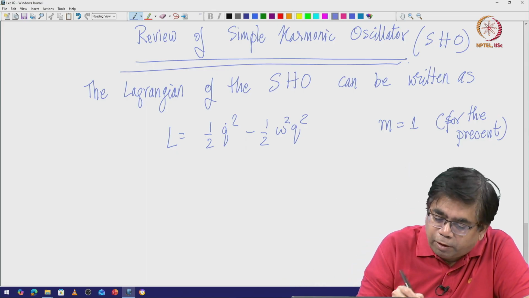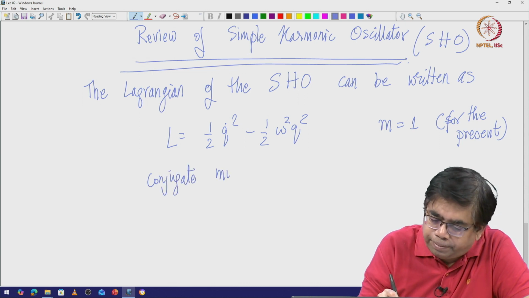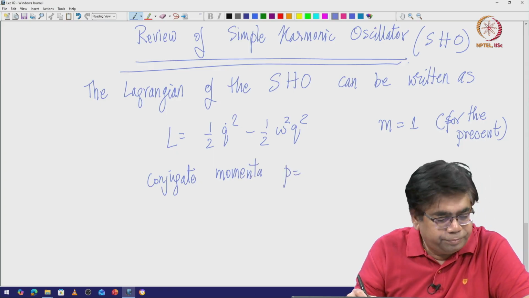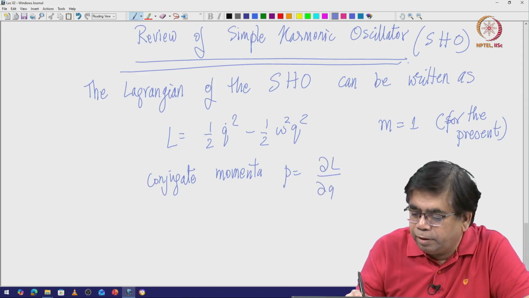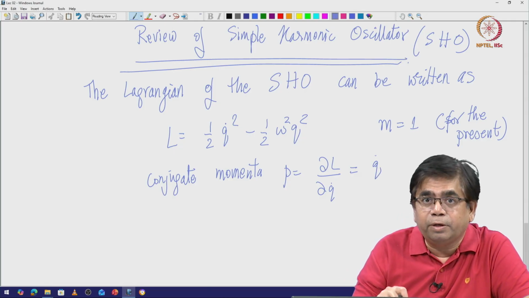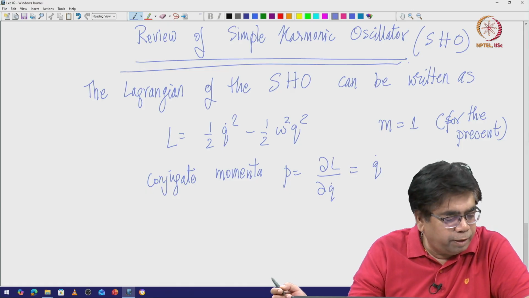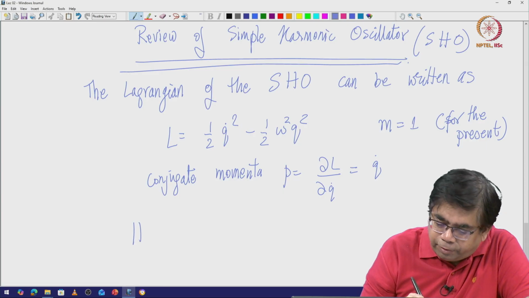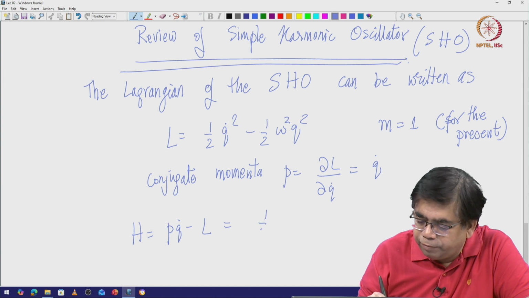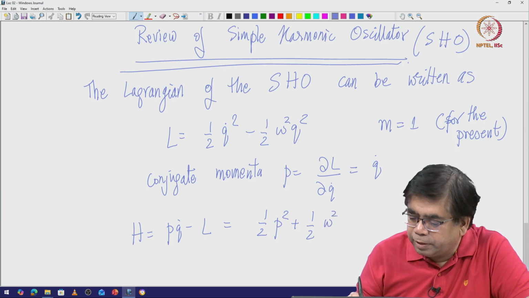Now P, the conjugate momentum, is equal to del L by del q dot, which is nothing but q dot. You can see it from here, there is only one term with q dot square. The Hamiltonian is equal to P q dot minus L, and that will be just half P square plus half omega square q square.